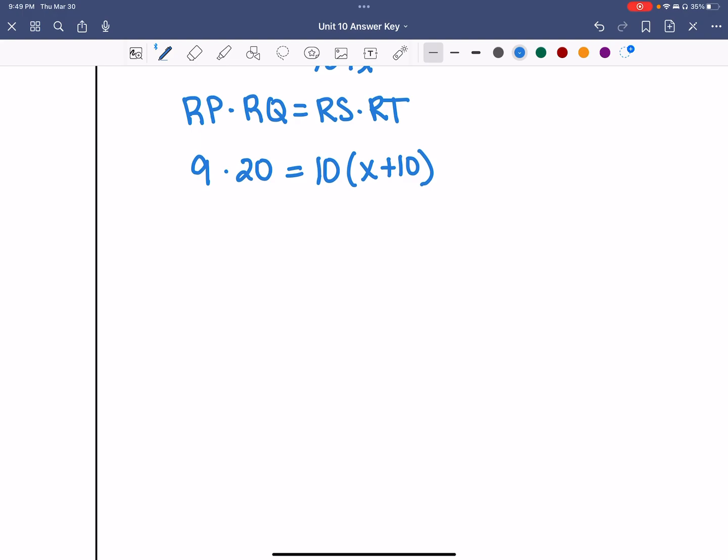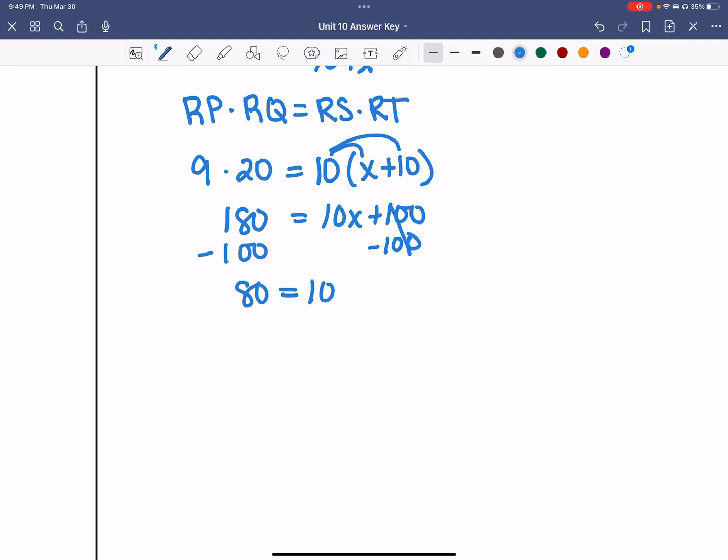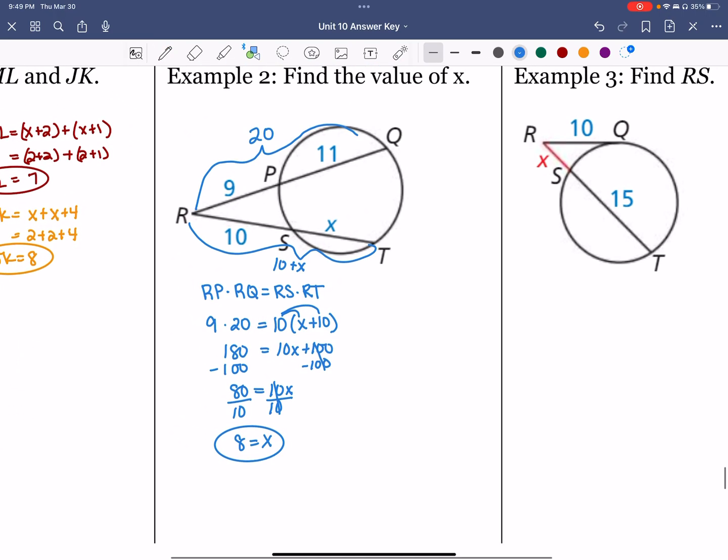That is going to give me 180, which equals, distributing, 10x plus 100. When I subtract 100 from both sides, I get 80 equals 10x, and then I'm going to divide by 10 to get x by itself, and that's left with 8 equals x. And that is my value I need for this function.